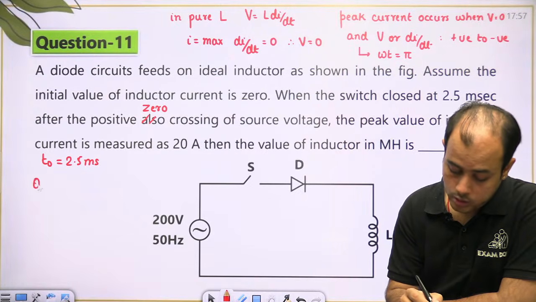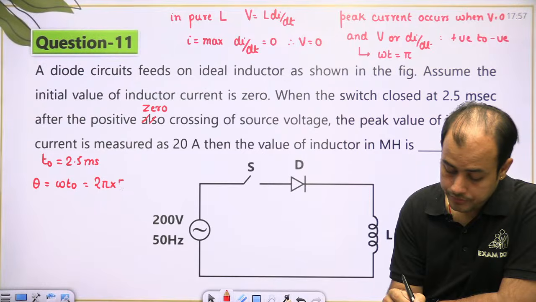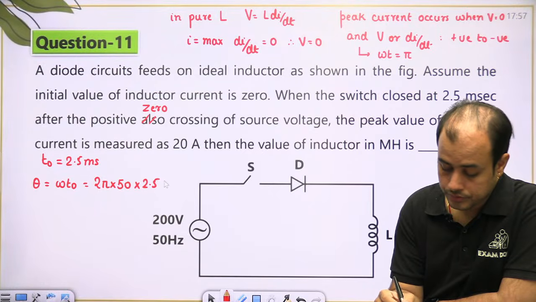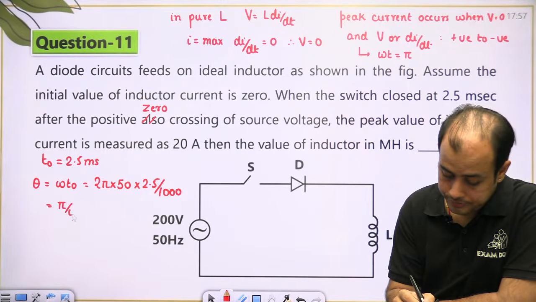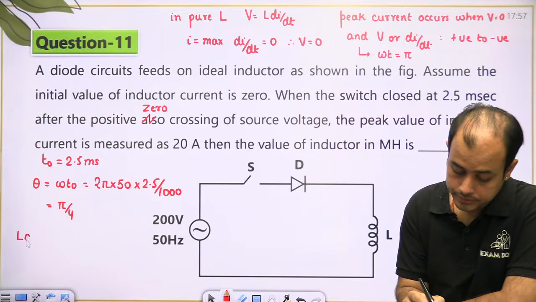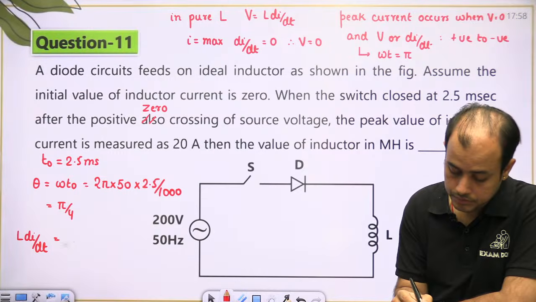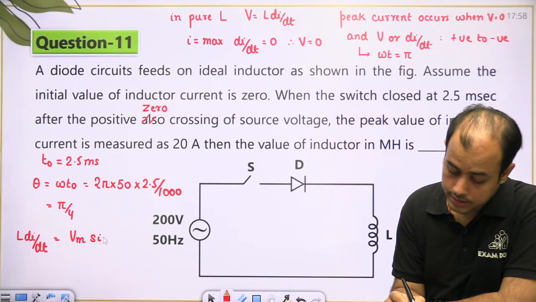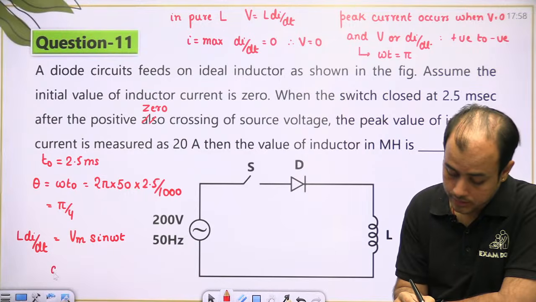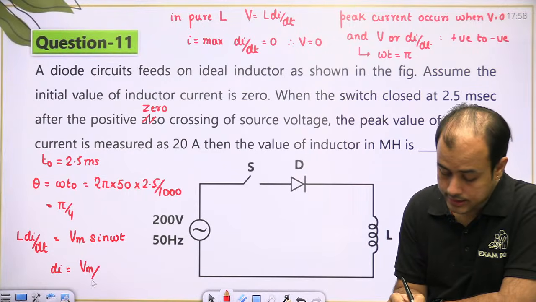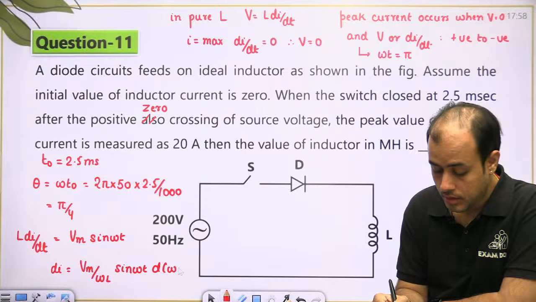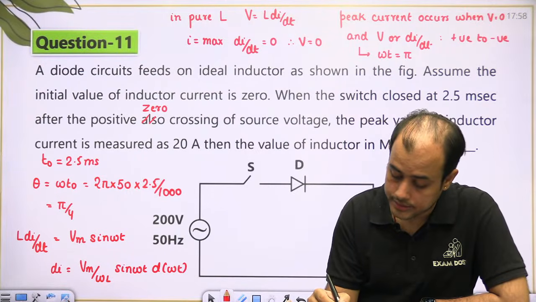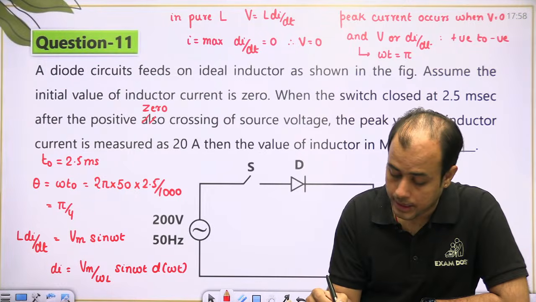देखो, I will convert it to angle. Now, the conduction starts at pi by 4 and maximum occurs at pi.